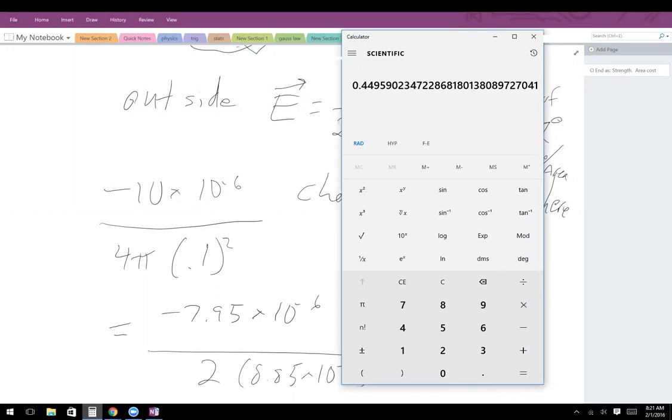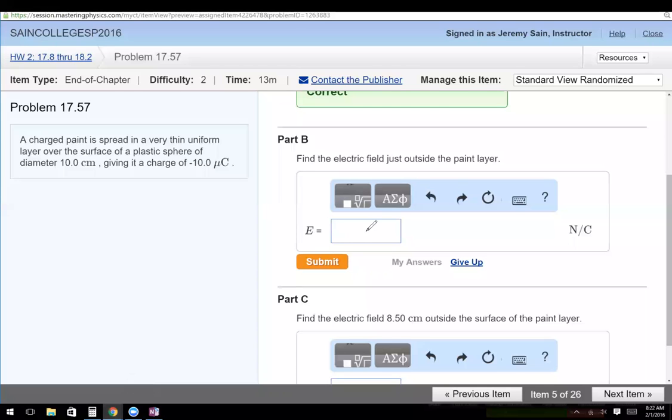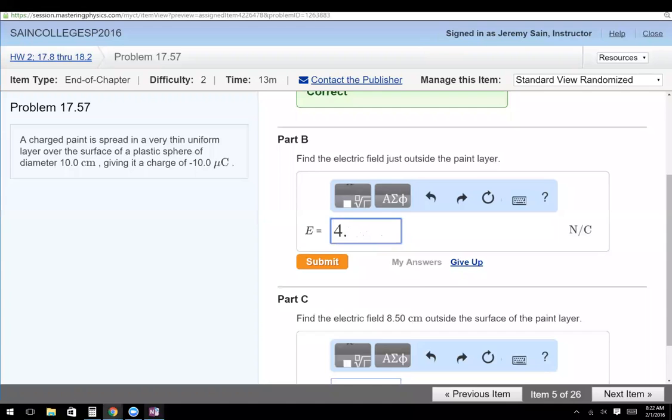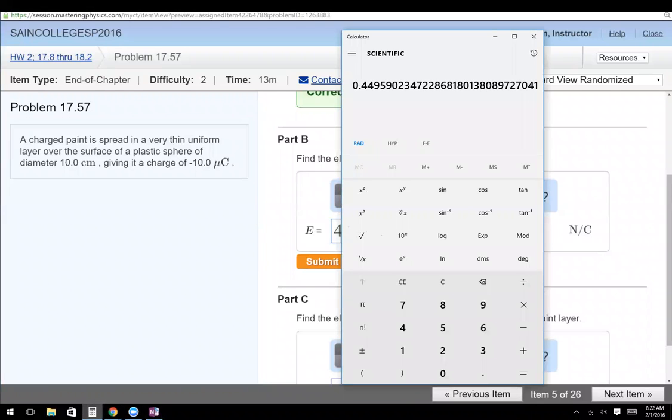So it'd be 4.50 times 10 to the 5th, if I did my mental math right. Come on. What is that? I don't know what that is. I forgot it. Oh, crap. Okay. Yeah, 4.5.